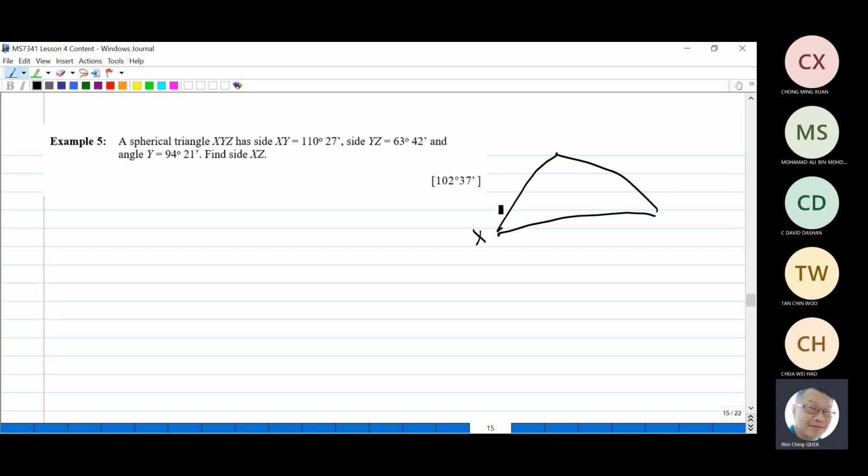So X, Y, Z, all right? So it asks you to find XZ.